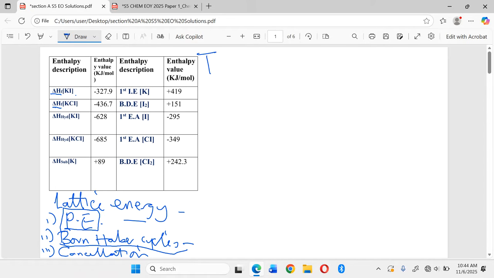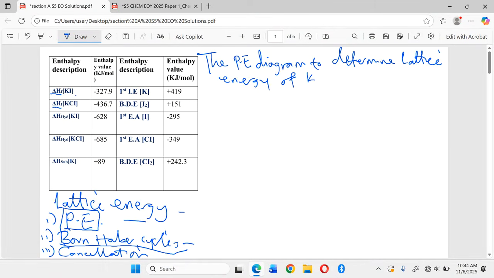So you can say the potential energy diagram to determine lattice energy of potassium chloride. So that is our first diagram that we are going to draw. I want to move step by step so that you can go out there and try out other items about determination of enthalpy.